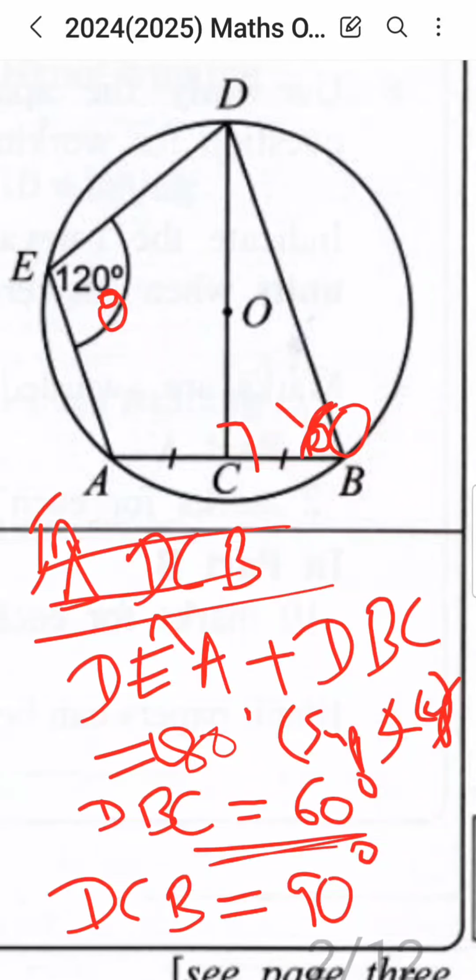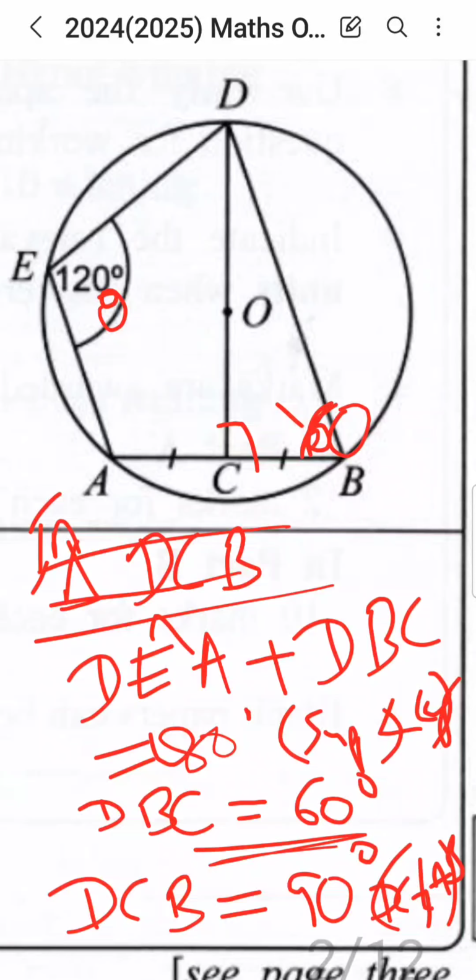You can directly quote that one. What is the reason behind it, my dears? Why is DCB 90 degrees? Because DC is perpendicular to AB. What will you write in the brackets? DC is perpendicular to AB. Therefore, DCB is 90 degrees.